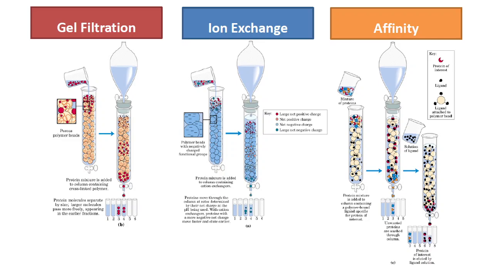If it's less than the pI, it is positively charged, and then you can use the oppositely charged ionic column for capturing it and letting all the others get rid. So based on the pI and the charge of a particular protein at a particular pH of a buffer, you can perform an ion exchange chromatography.